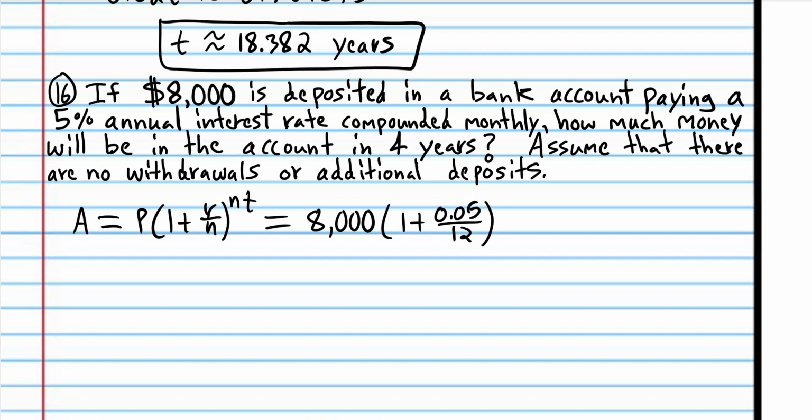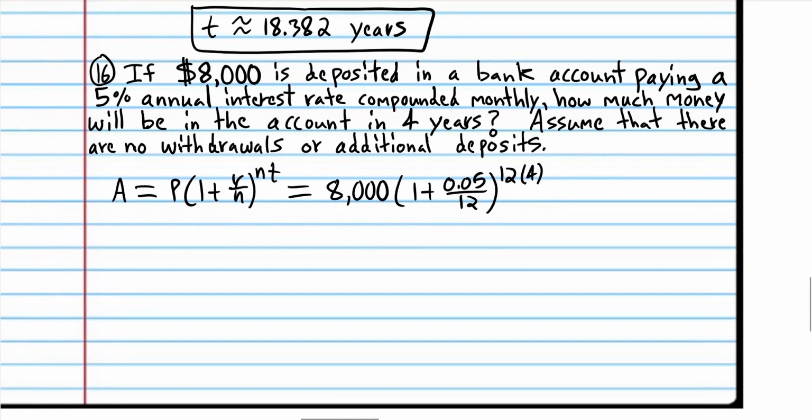Remember, n is always number of compounding events per year, and that's 12. That's n up there also, times the time, which is 4 years that the money's in the account.